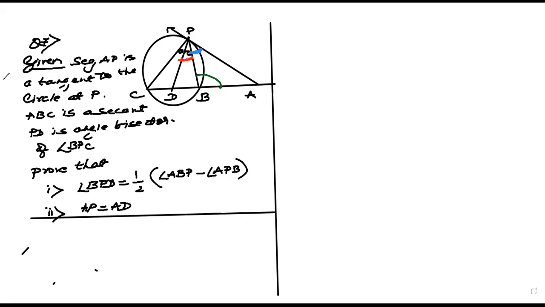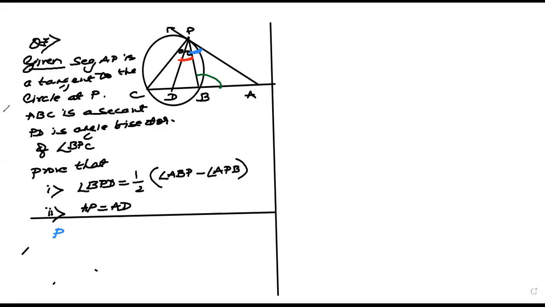So among these angles, please have a look at children. You give a thought. कौन सा angle कोई theorem में get involved? Yeah, this angle is getting ABP. ABP is an exterior angle of triangle PCB. Just have a look at this proof, children.